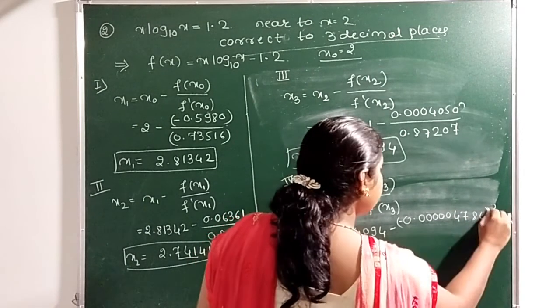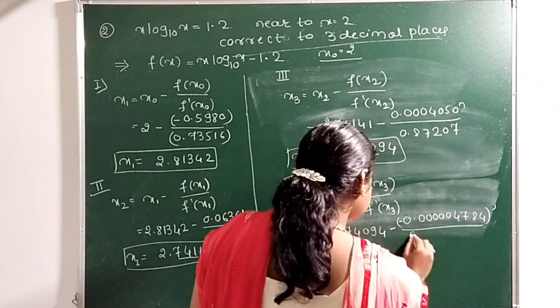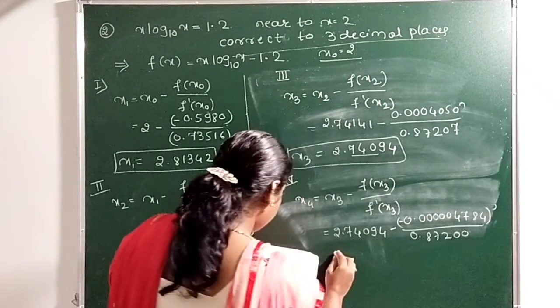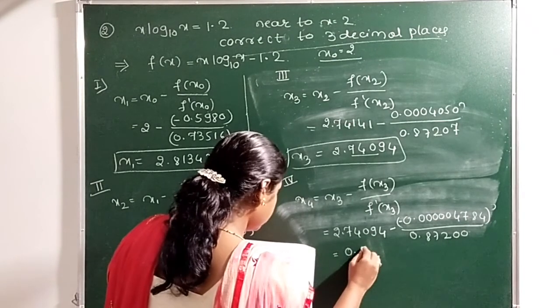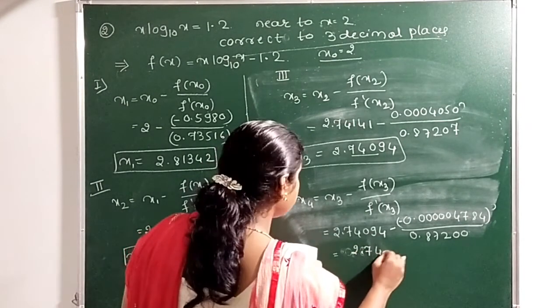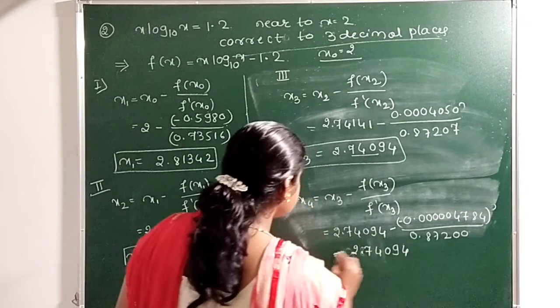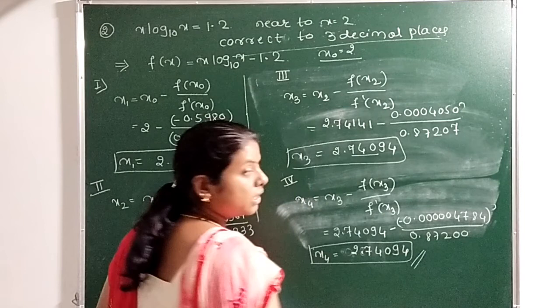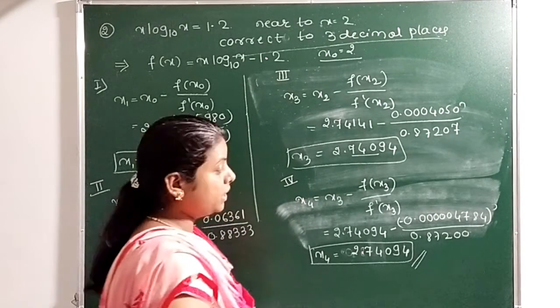This becomes a minus divided by 0.87200. After simplifying, you will get 2.74094. You will get the same value of x3. Then only you have to stop the iterative method.